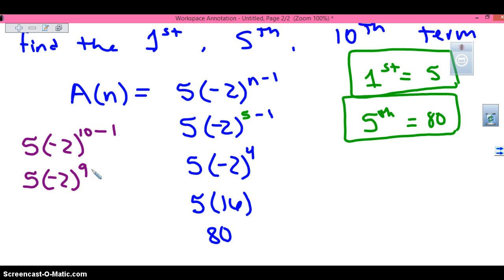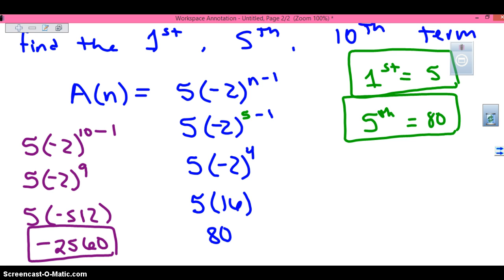So negative 2 raised to the 9th power is negative 512 times 5, negative 2560. So the 10th term would be negative 2560.